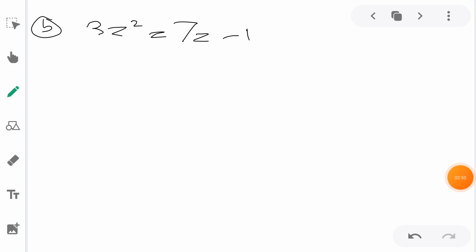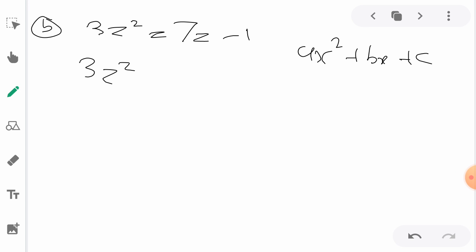Question 1b says solve the equation 3z squared is equal to 7z minus 1. Give your answers to 2 decimal places. How do we solve this one? First we need to write this in standard form, ax squared plus bx plus c. So we already have 3z squared. The 7z should cross the other side, becomes negative 7z.